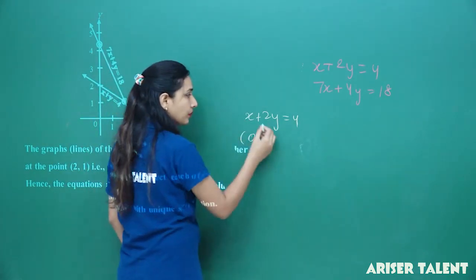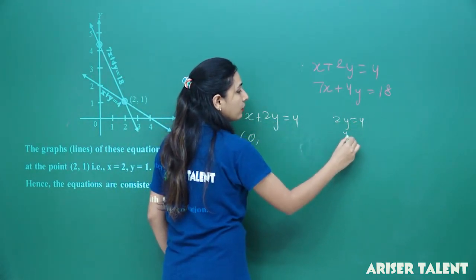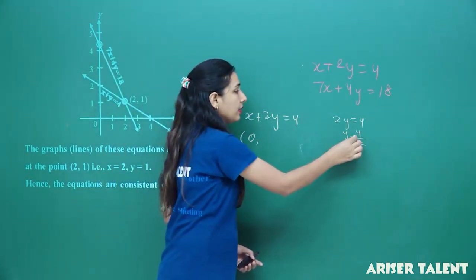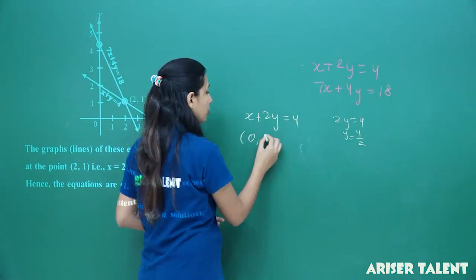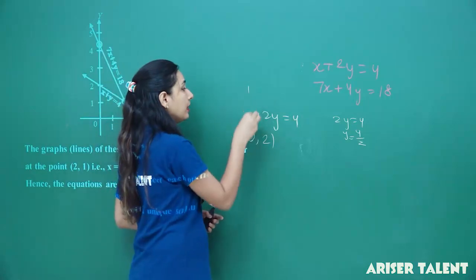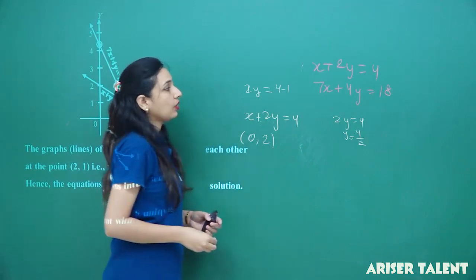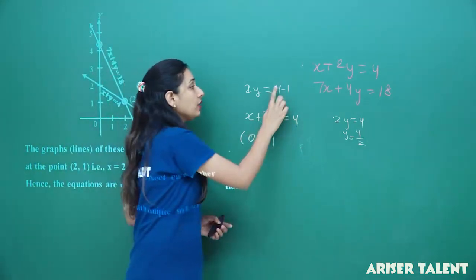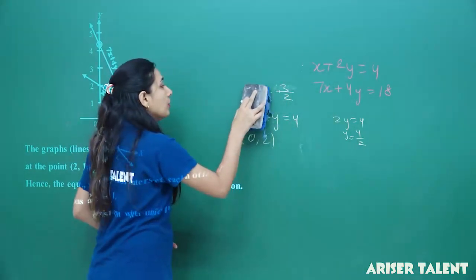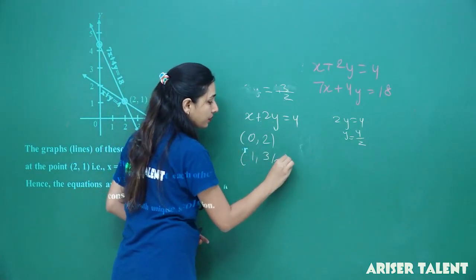So 2y equals 4, so y equals 4 by 2, that will be 2. So the point is (0, 2). Now if I'm putting x equals 1, 2y equals 4 minus 1, that is 3. So y equals 3 by 2 at x equals 1.